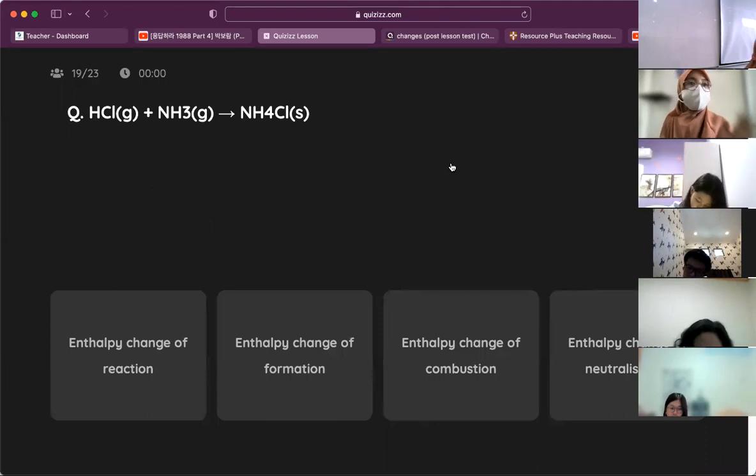But is there any water produced there? No, so we cannot classify this one as enthalpy change of neutralization. Enthalpy change of combustion, of course, no. So it is enthalpy change of reaction.